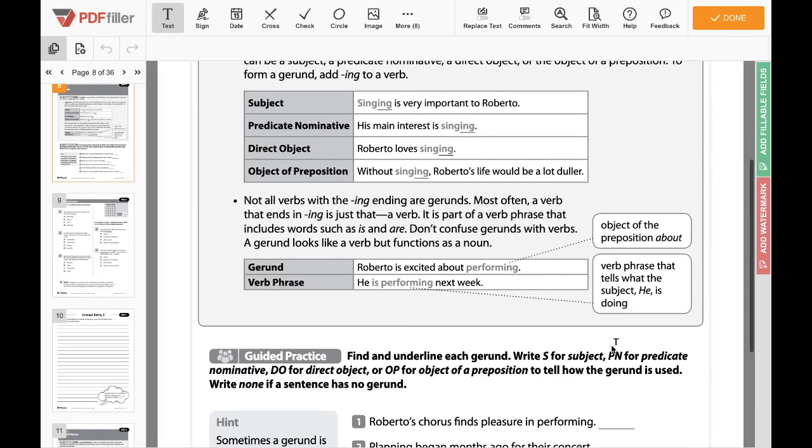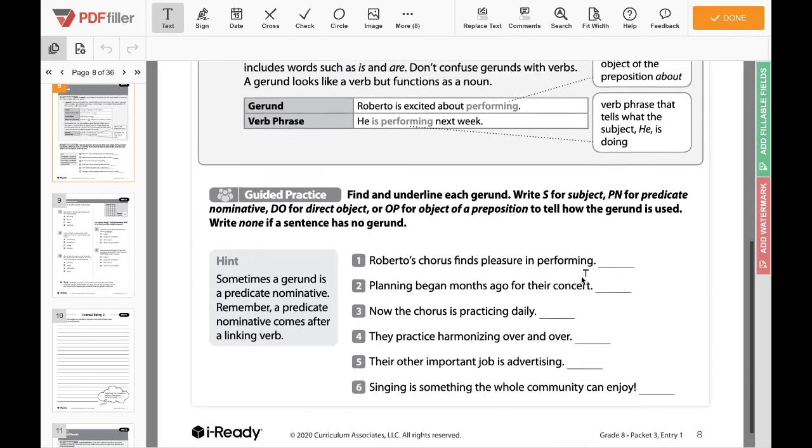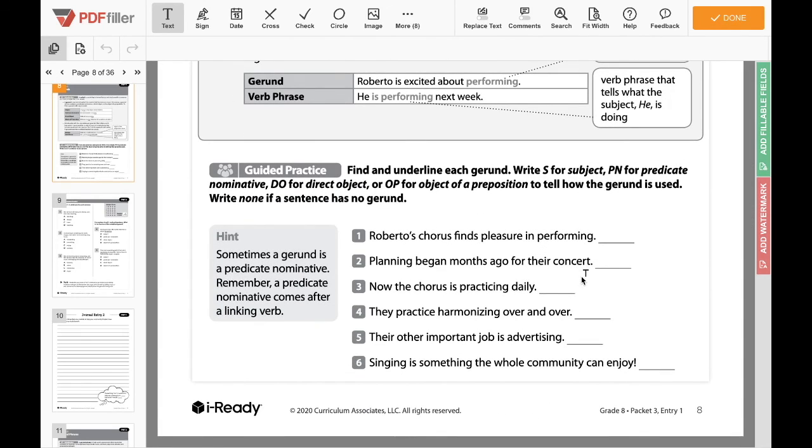So if we look up at the predicate nominative here, that linking verb is the is or are that we are talking about. If we look at the first one here, it says Roberto's chorus finds pleasure in performing. We need to find the gerund, which is the actual word, the verb that ends in ing. So what word here ends in ing? Performing, right?